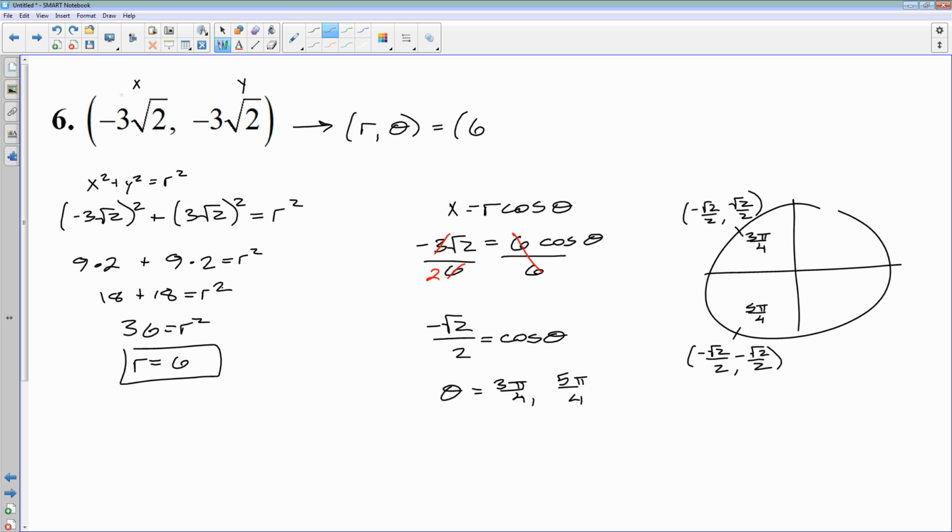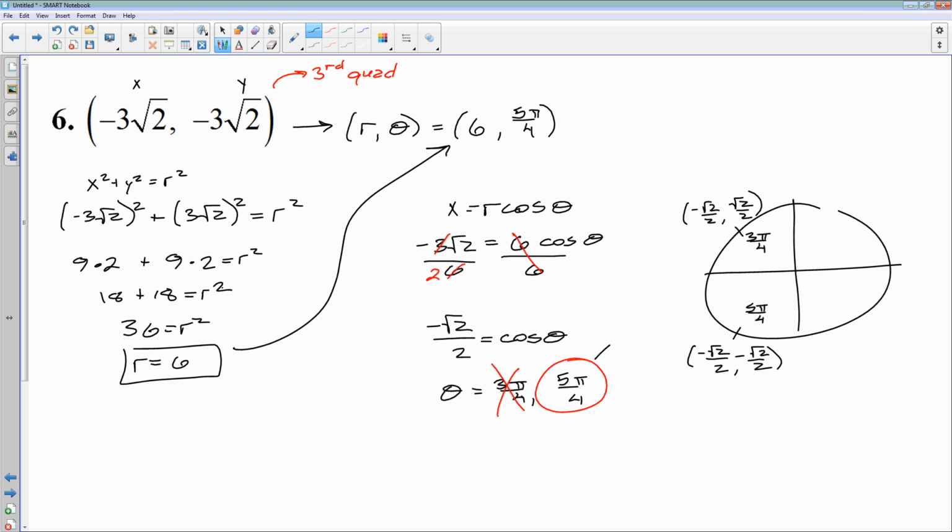X and y are both negative, so this is in the third quadrant, so I want to choose the angle that's in the third quadrant, which is 5 pi over 4. And once you have your angle and your r, you plug it into the ordered pair, 6, 5 pi over 4, and there is our answer.